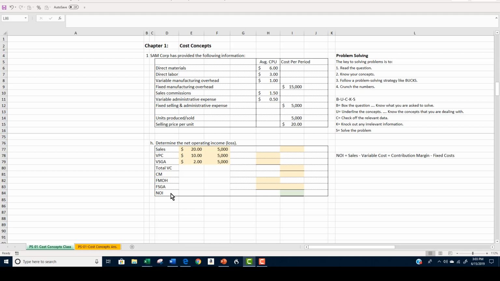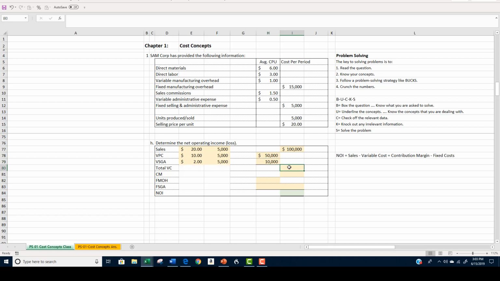Sales is determined by multiplying the selling price of $20 per unit by 5,000 units to get $100,000. Total variable cost is $60,000 as we calculated earlier. It includes variable product costs of $50,000 and variable SG&A costs of $10,000.